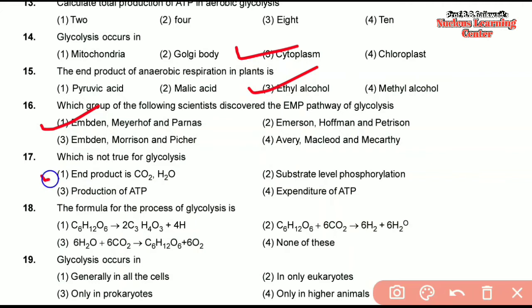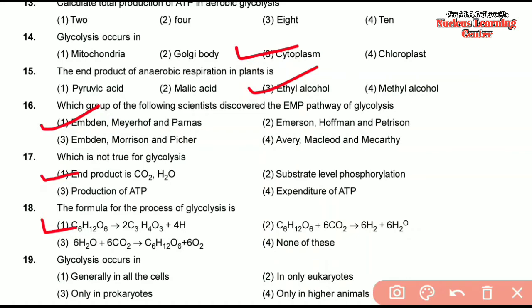The first, end product is CO2 and H2O, is not true for glycolysis. Next question: the formula for the process of glycolysis is. For that you have to remember that the end product of glycolysis is 2 molecules of pyruvic acid, and for that the correct formula is the first, C6H12O6.